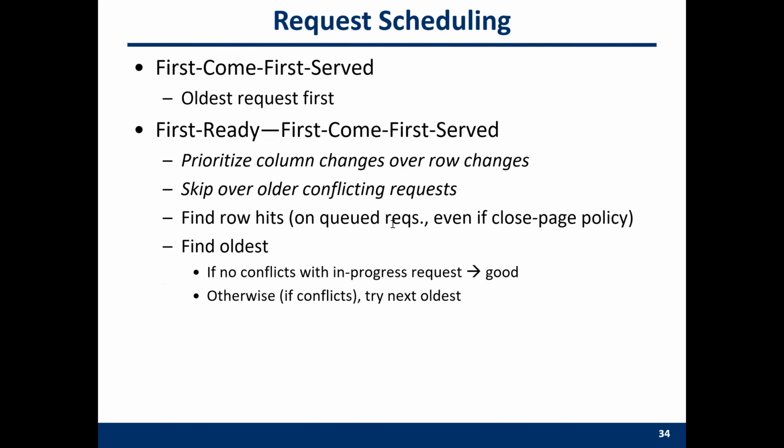So by giving the requests that go to the same row higher priority, you actually prioritize column accesses over row changes. Why? In this case, you hope the row has no change. All the requests go to the same row, but different columns.